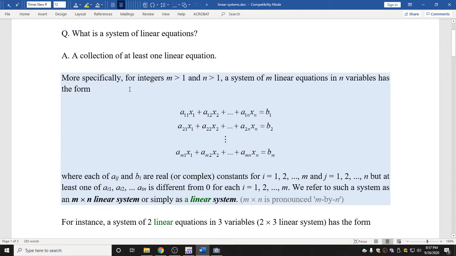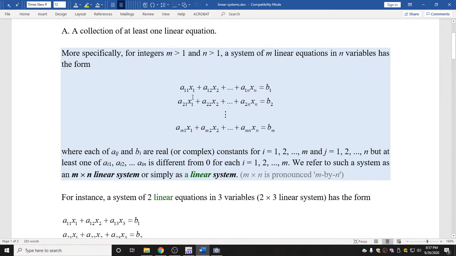More specifically, for integers m greater than 1 and n greater than 1, a system of m linear equations in n variables has the form a11x1 plus a12x2 plus and so on plus a1nxn equals b1.